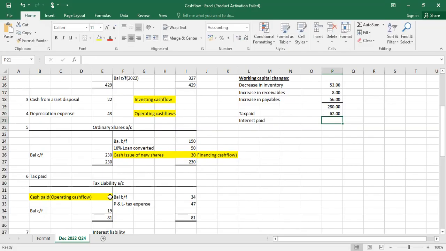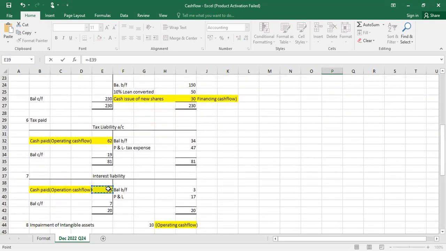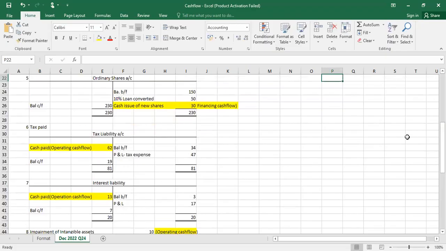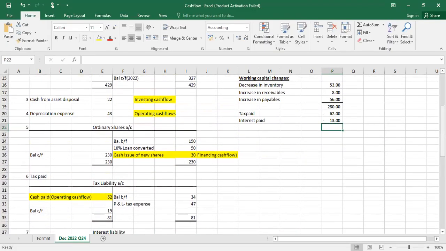Tax paid was 62 in working number 6. And then interest paid in the same manner. So equal to minus 13. I want them as negatives. So as I copy, I put a minus before I copy the figure.